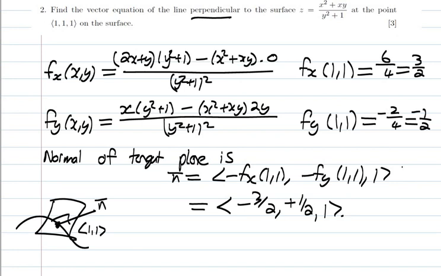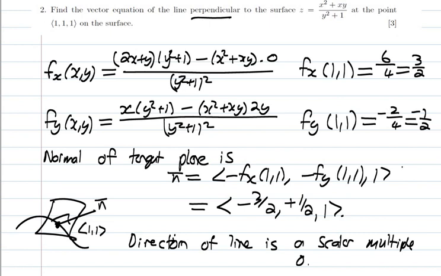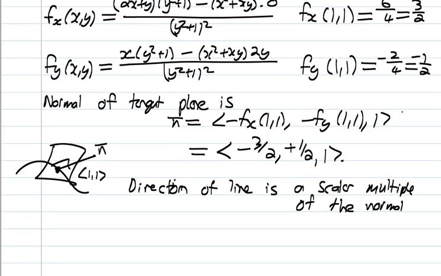That means the direction of the line is a scalar multiple of the normal. Draw a picture to convince yourself that you agree with this.